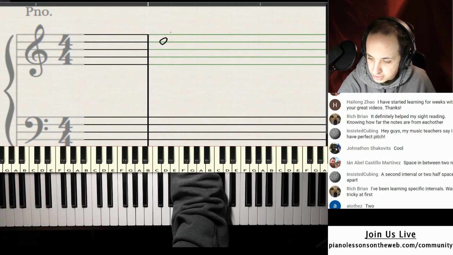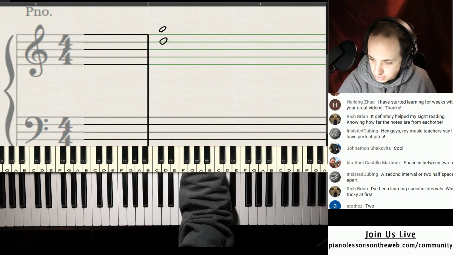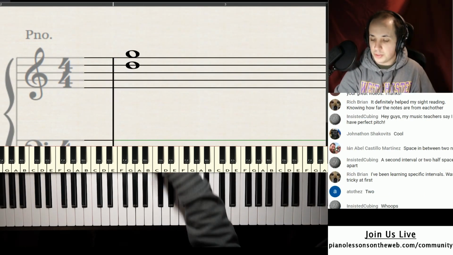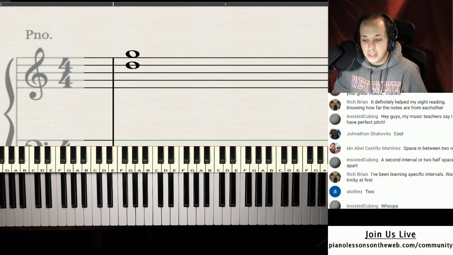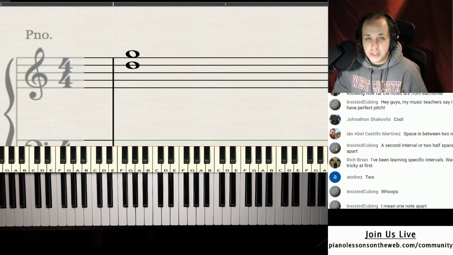How about this one? You have the bottom one on a line and the top one on a space. Now, what interval do you think this is? Leave it in the chat or the comments. Think about it this way: do they match?